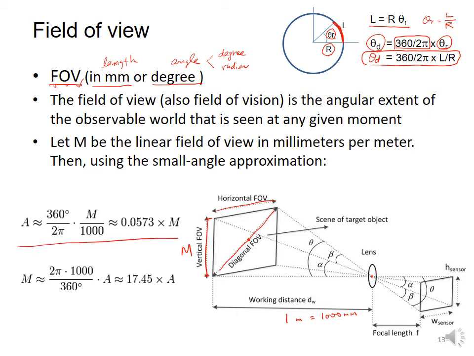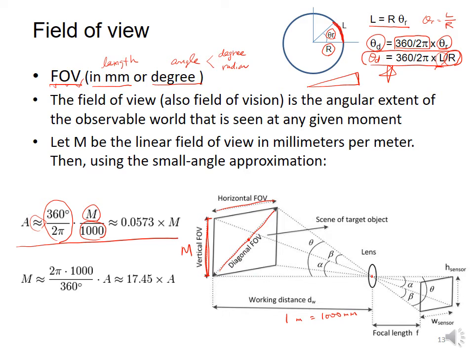This is the equation: 360 divided by 2 pi, where L is 1 and R is 1000 millimeters, and M is the vertical length. Actually, in this equation, L is the arc from here to here, but theta is very small, so we can approximate this arc by the vertical length.